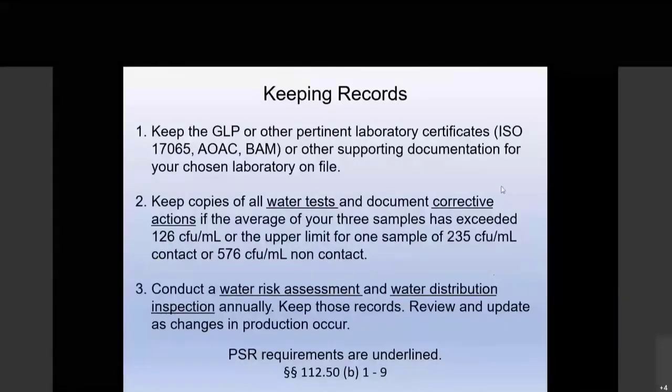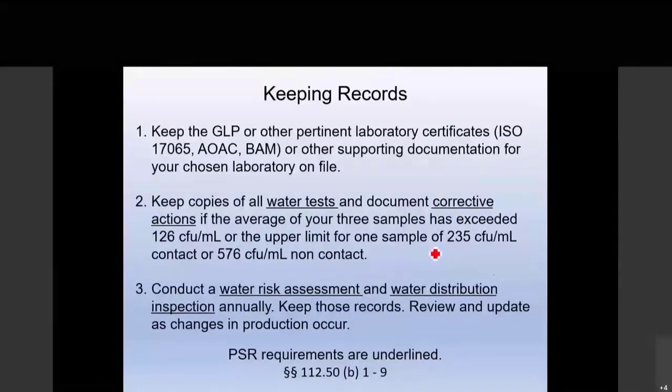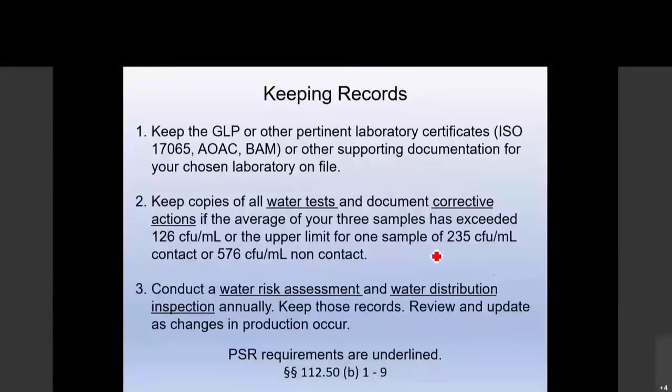Again, your corrective actions are going to be important. Keep a log on that. You want to, first thing in the season, do a water risk assessment and water distribution inspection annually and keep those in your records. If you have a production change mid-cycle, you're going to want to make your updates in your logs as to what you've done.